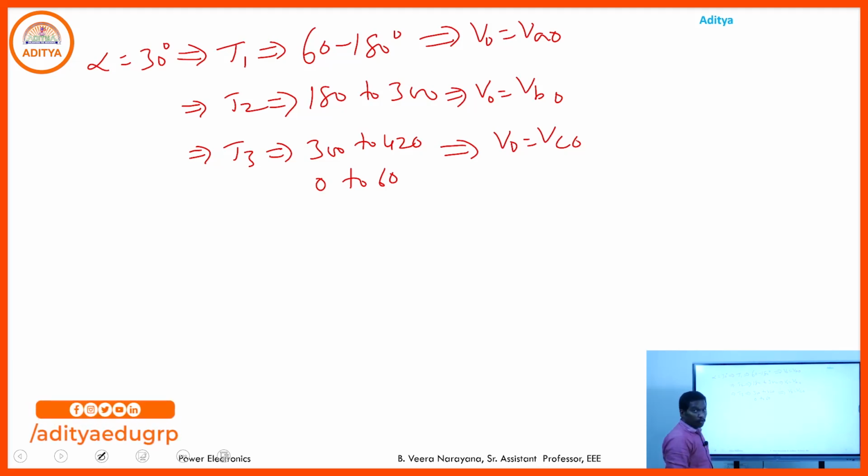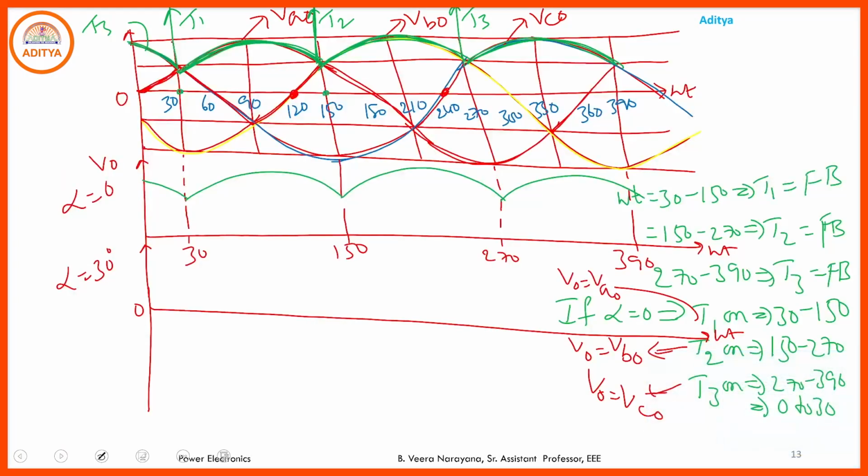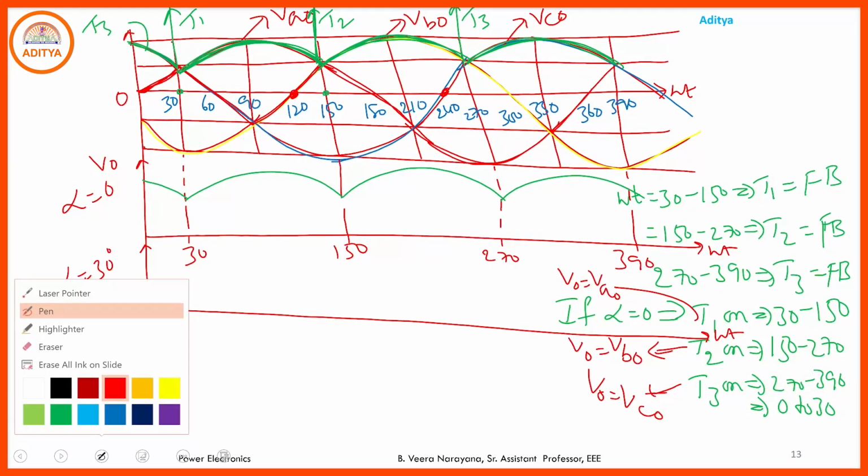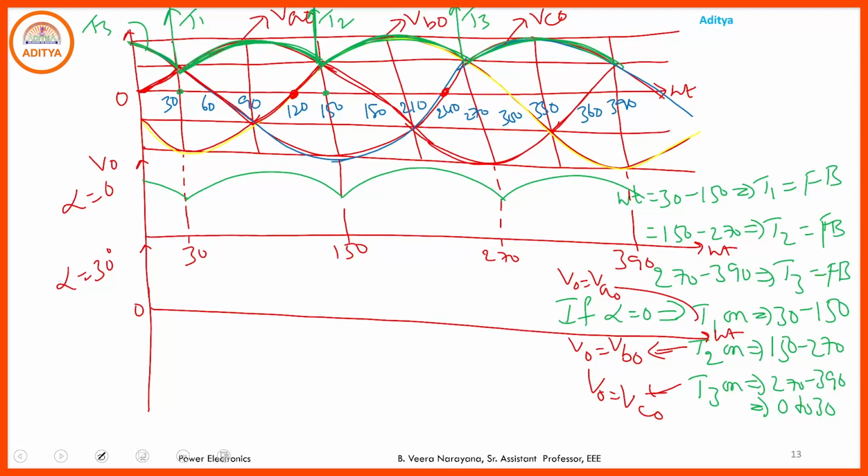So I just want to draw the output voltage waveform for alpha equal to 30. From 0 to 60 it is VC0. From 60 to 180 you follow VA0. Next, 180 to 300 is VB0, then VC0.